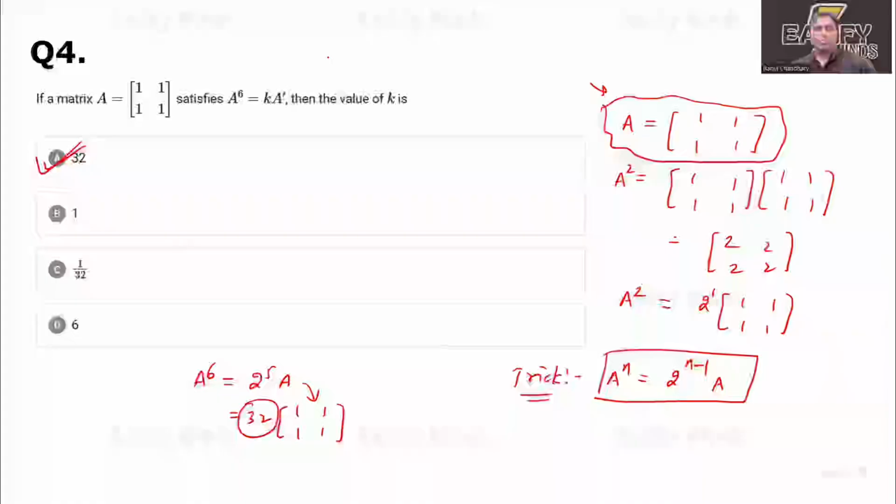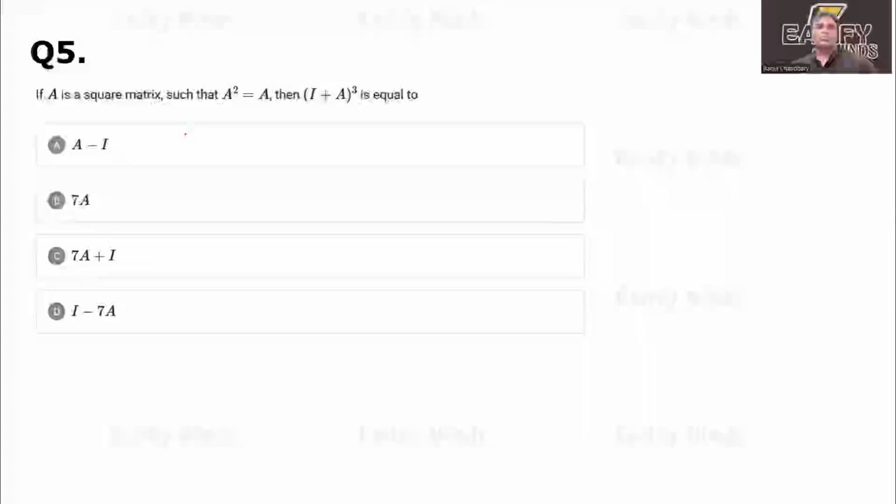Let's move to question number 5. A square equals A. Similar to the first one. I plus A whole cube is how much? Next one. The correct answer is C. I told you already, if A square equals A, then any power of A is also equal to A. So we only have to solve the formula for I plus A cube.